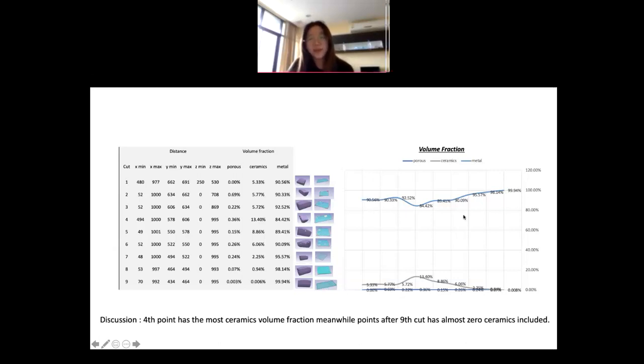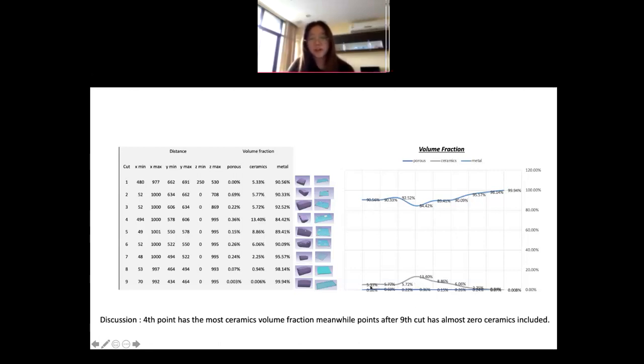So as you can see in the graph on the right hand side, the first blue line is the pure metal, and the middle gray line is the ceramics, and the lower line is the porous.